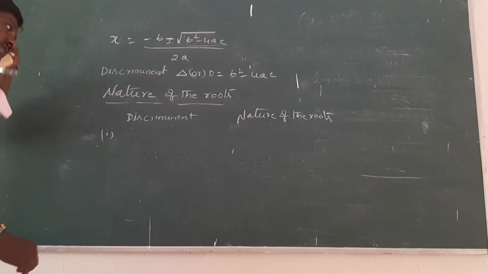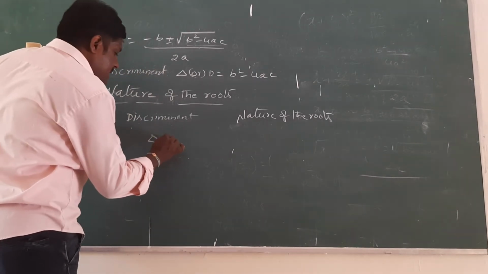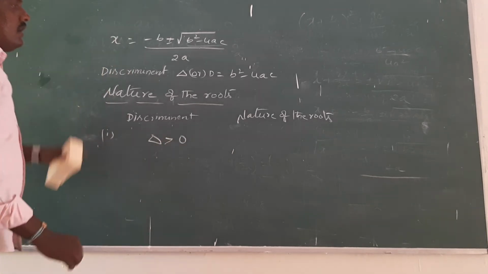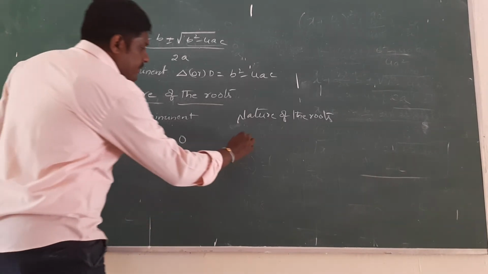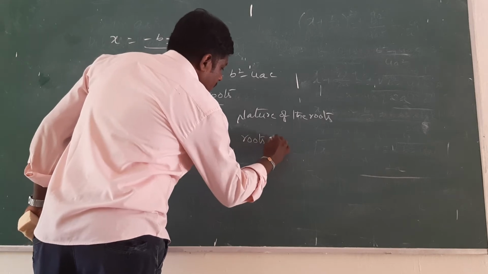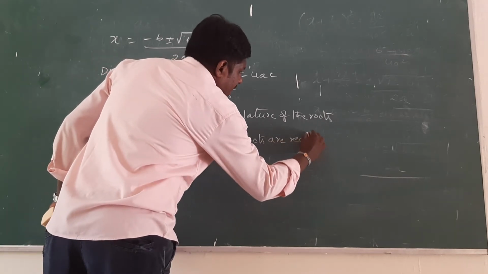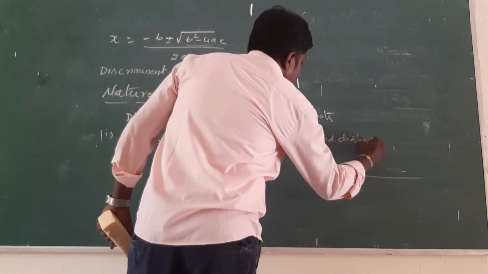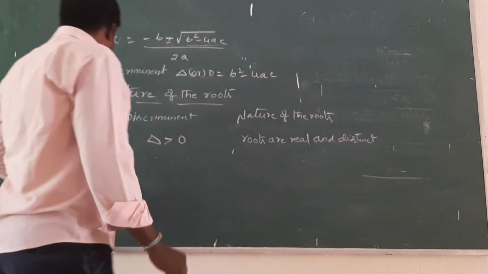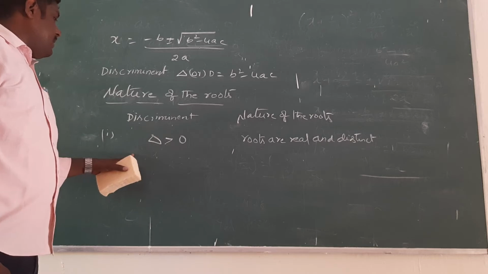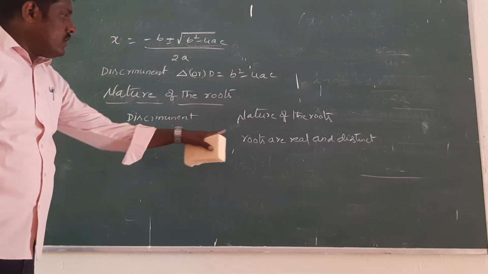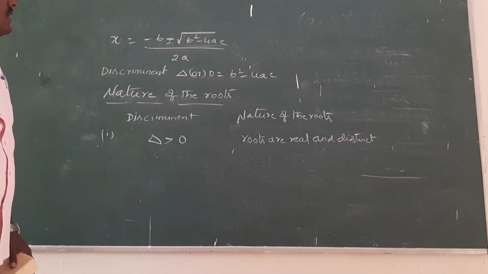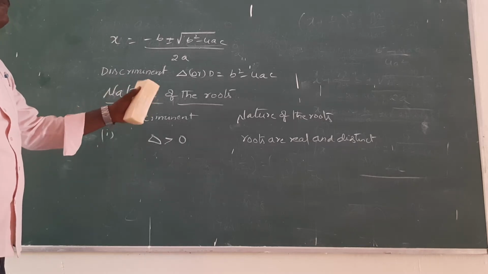If the discriminant is greater than 0, that means delta value is greater than 0, then the roots are real and distinct. In this case, the roots are real and different.